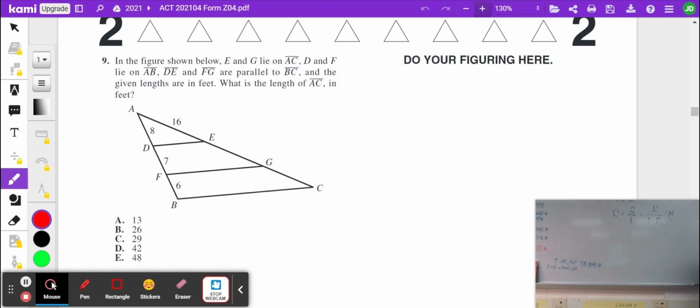So I can say 180 minus 58, which is 122. So I know those two angles together are 122. Divided by 2, because they're equal, that's 61, and D.